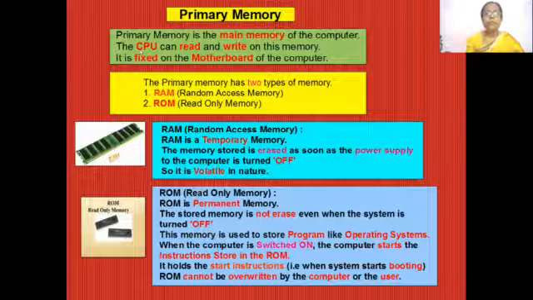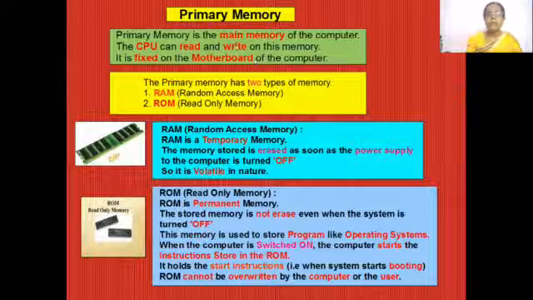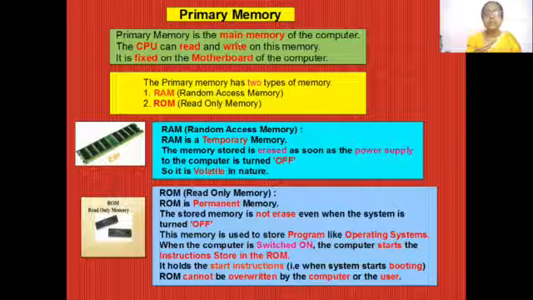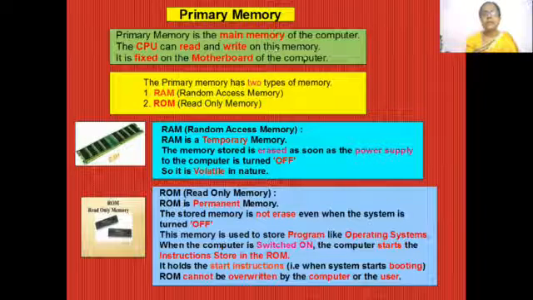The CPU has both these types of memories to read and write. So it is fixed in the motherboard. Where is this primary memory fixed? The primary memory is the main memory, and the CPU can read and write both, and this is fixed in your motherboard.